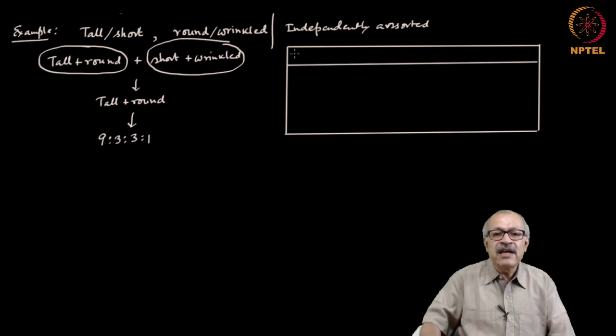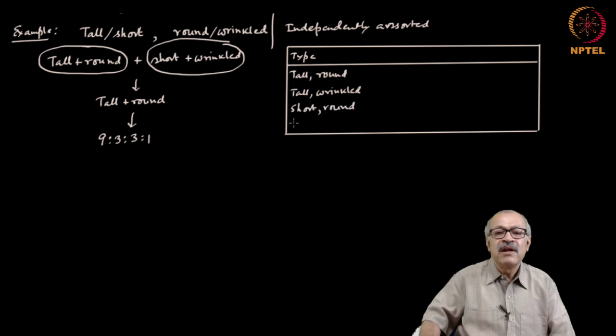Here we have the type, and there are 4 different types: tall, round, tall, wrinkled, short, round, and short, wrinkled. Right.